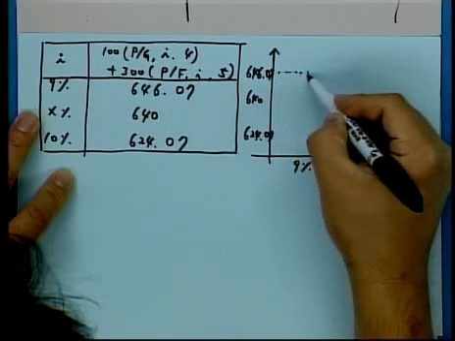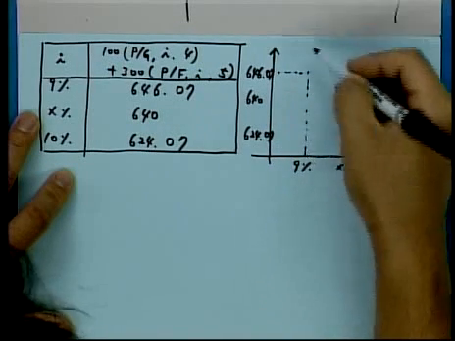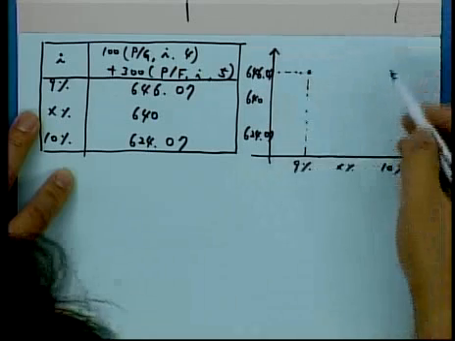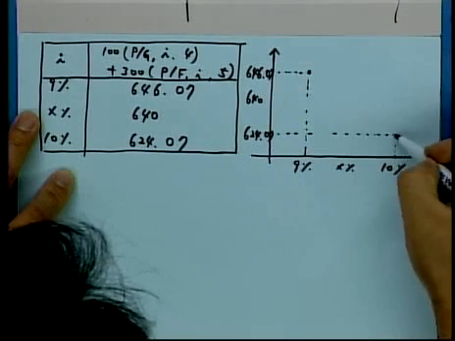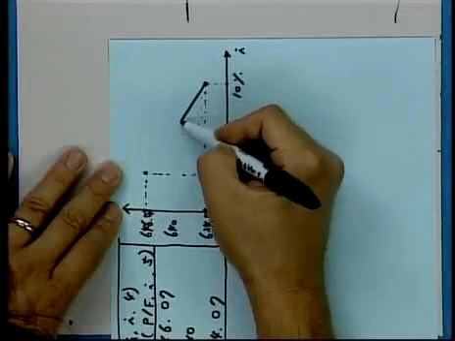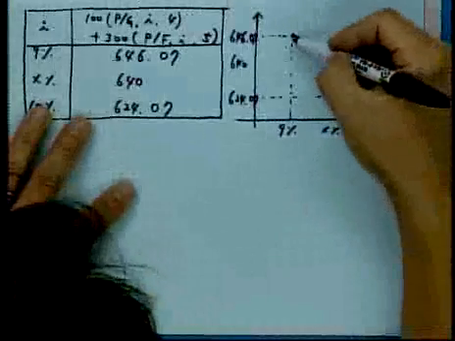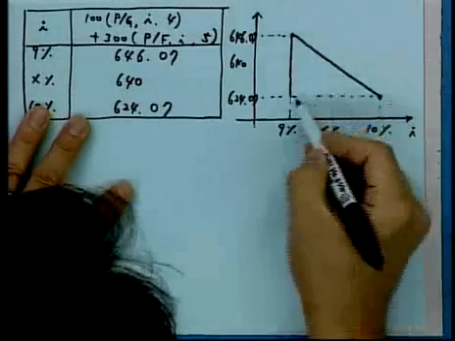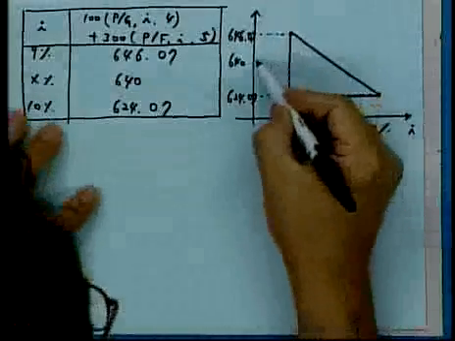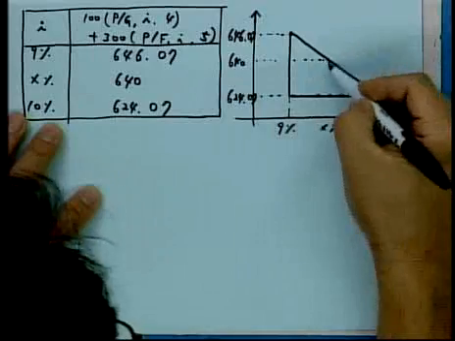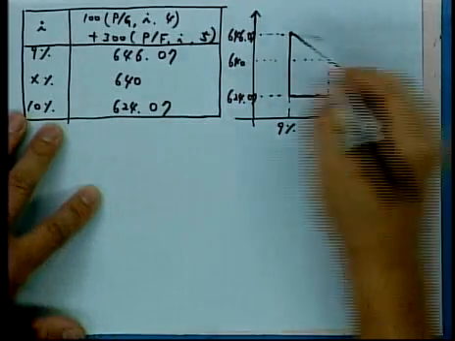And here we have 9% and 10% here, and connect these 2 points to make a big triangle. And connect this.